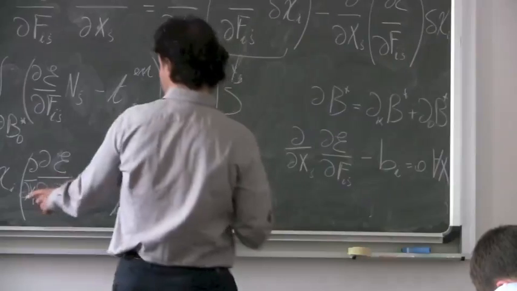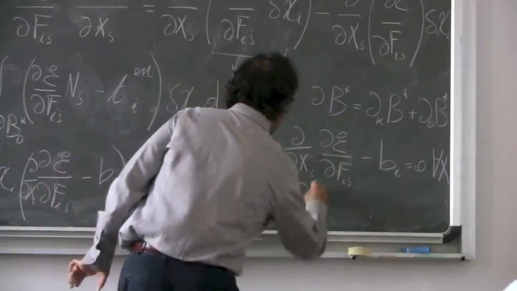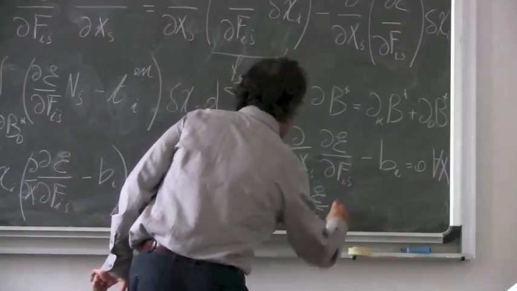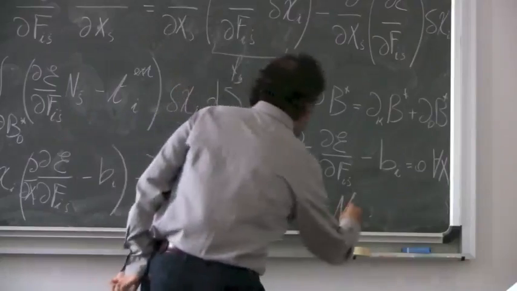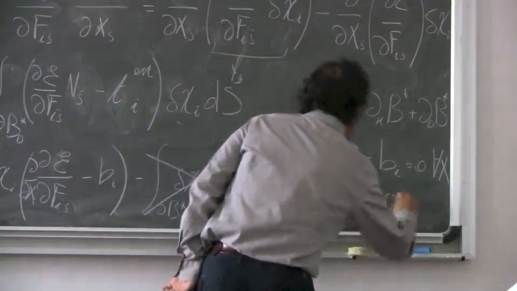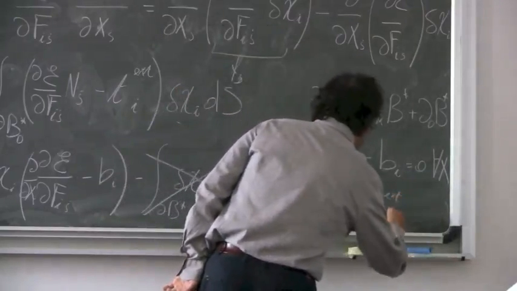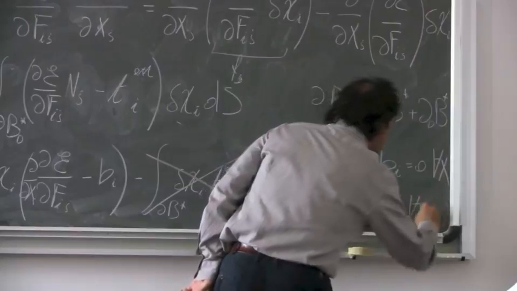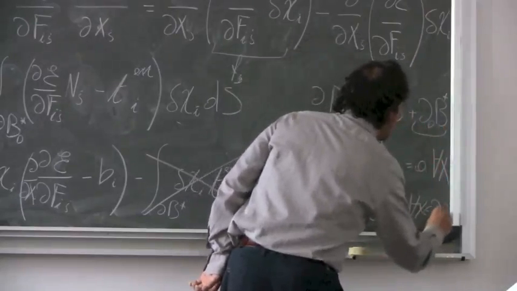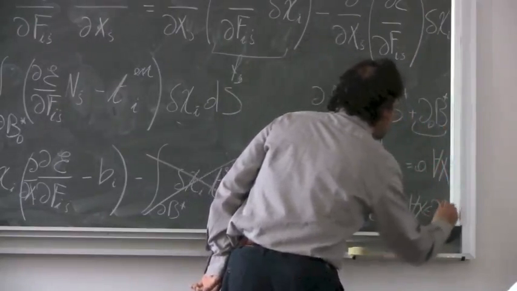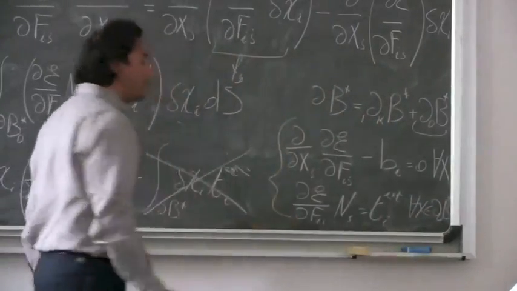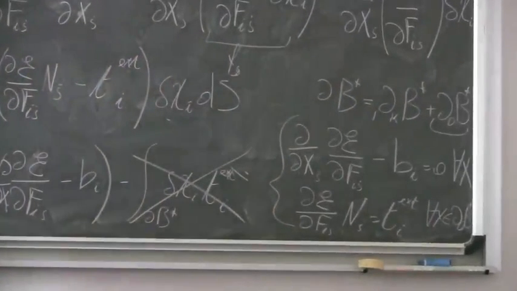And the rest is this one: the derivative of E with respect to Fij times nj is equal to Tx i, and this is for every x belonging to the dynamical part of the surface. So this is the system of your partial differential equations.